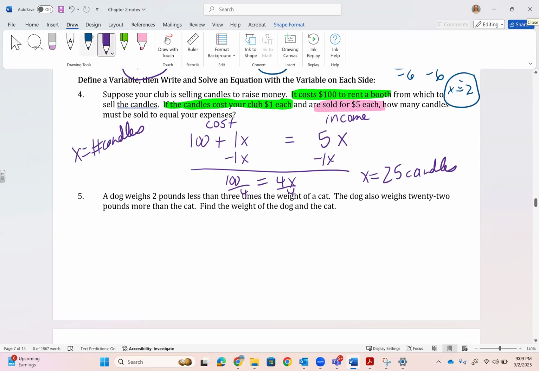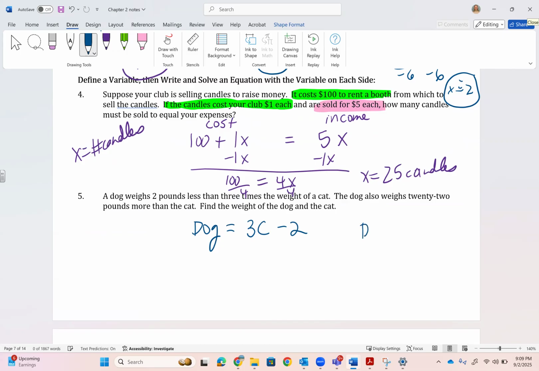A dog, okay. I'm trying to find the weight. And then also, the dog weighs 2 pounds less than 3 times a cat. So 3 cats minus 2, okay.